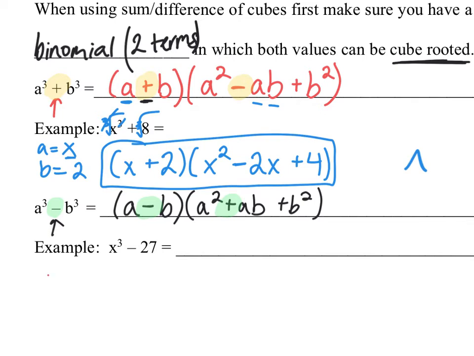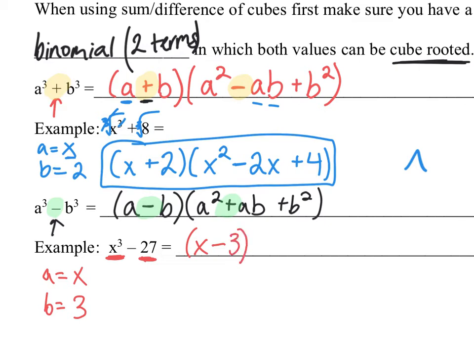So now we've got to find a and b. We take the cube root of the first term. What's the cube root of x to the third? Just x. What did we say the cube root of 27 was? 3. Cool. And now we just plug these in. So we start. What is a? x minus, what's b? 3.